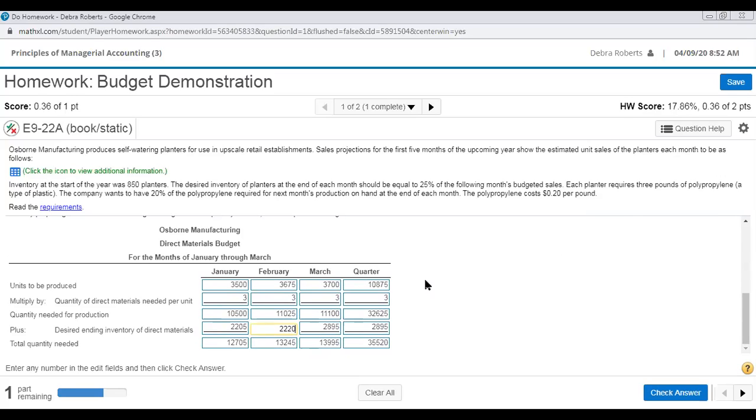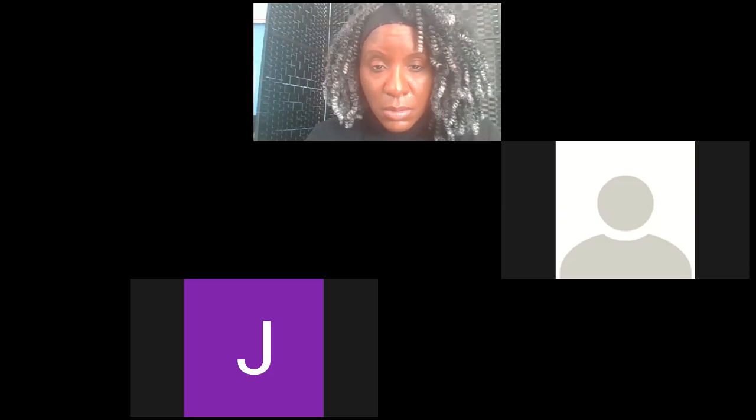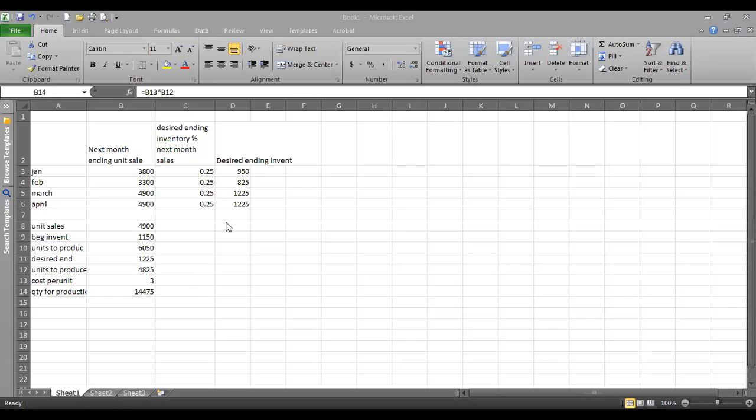The next suggestion is, when you're calculating, particularly your desired ending inventory, or in some cases your cash needed, or your cash flow from accounts receivable when you do your cash flow budget, it becomes quite helpful to create a little spreadsheet like I have here. I'm going to stop here and just give you an idea of how useful spreadsheets can be when you're trying to calculate numbers.